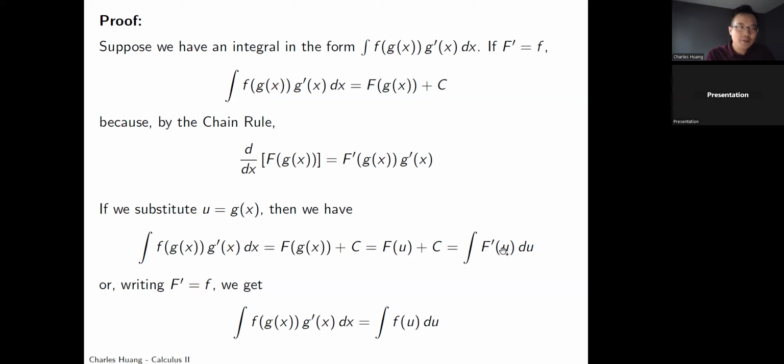And of course, using the fundamental theorem of calculus, we can then turn this back into that. So in this process, as long as big F is the antiderivative, we can show that the substitution rule works. So that's sort of the proof.